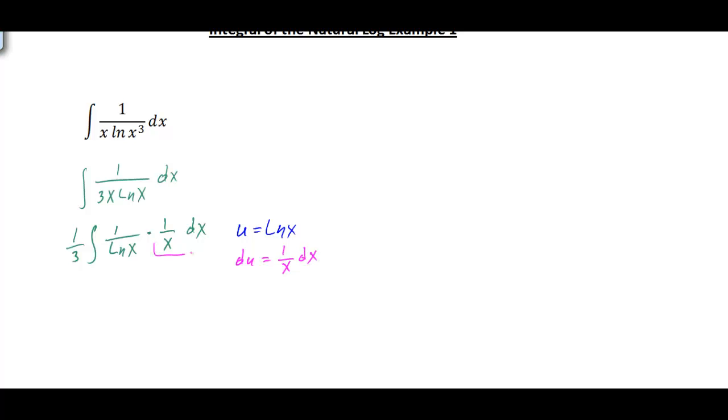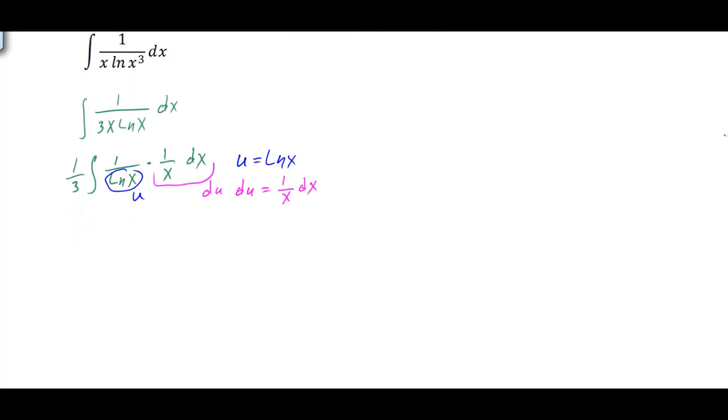So if you notice here, we certainly have our du, and ln of x is our u. So essentially what we have then is du over u. So remember all of this is our du. So if that is over top of u, then we simply have the integral of du over u, which is the natural log.